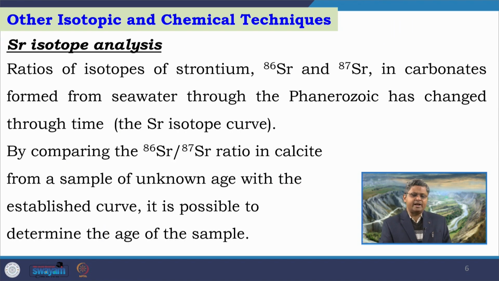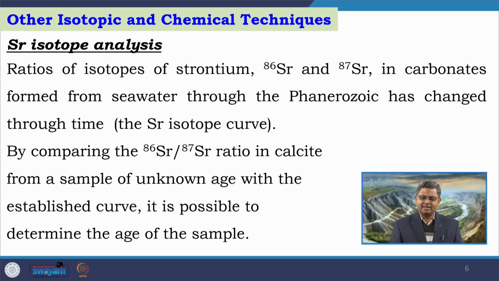Apart from this, we can have some other isotopic and chemical techniques which can also be used for determination of age. Again, these are not direct ages, they are indirect techniques. One such example I would like to cite for you is strontium isotope analysis.